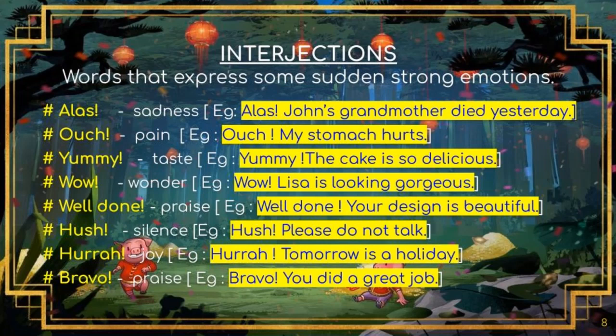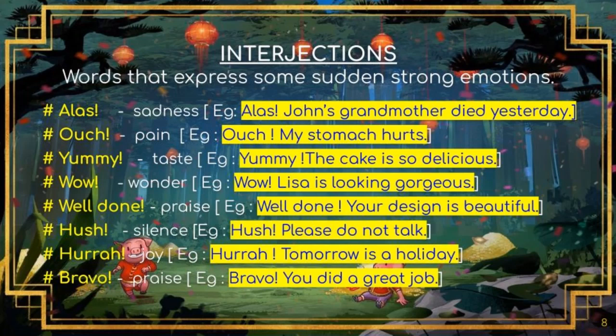That means it is equivalent to well done. For example, Bravo, you did a great job! Students, once again I am repeating, words that express some sudden strong emotions are known as interjections. That means an interjection is a short word that shows a sudden feeling or emotion of a person.